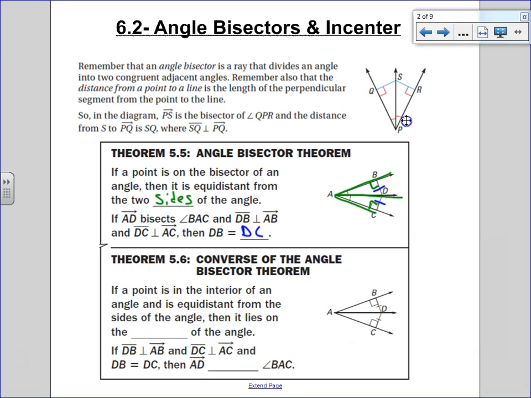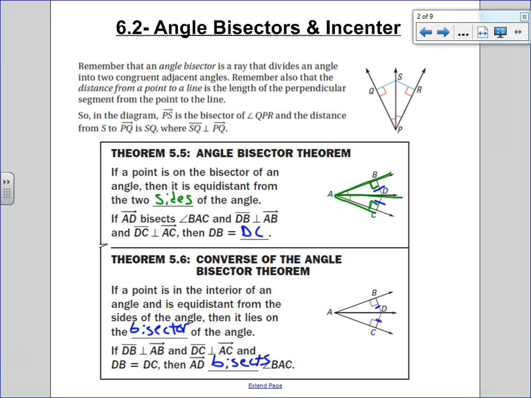Then the converse of the angle bisector theorem: if a point is in the interior of the angle and is equidistant from the sides of the angle, then it lies on the bisector of the angle. So if DB is perpendicular to AB and DC is perpendicular to AC, and DB is congruent to DC, then AD bisects angle BAC.